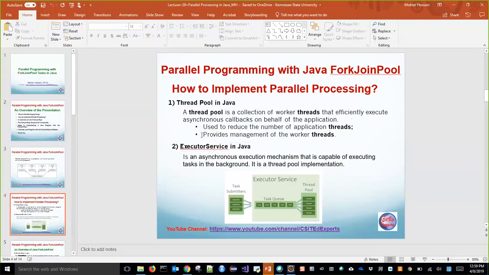This is an executor service, a kind of class that Java included. So that became another advanced level in parallel processing.